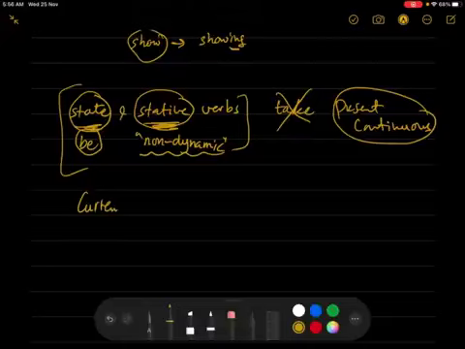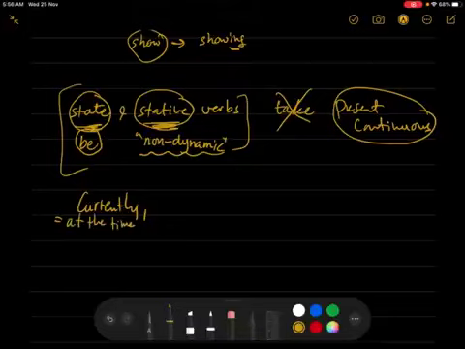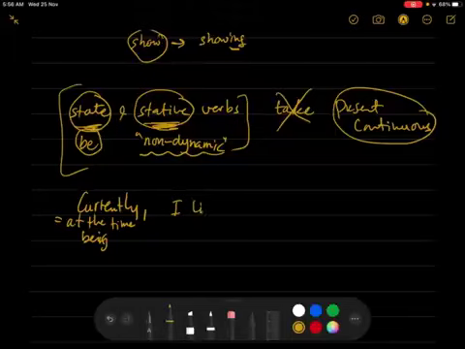We say, for example, currently, it's like at the time being, currently I like coffee.